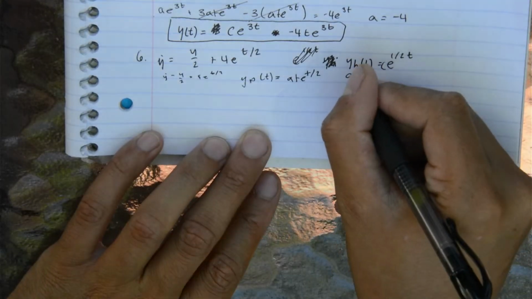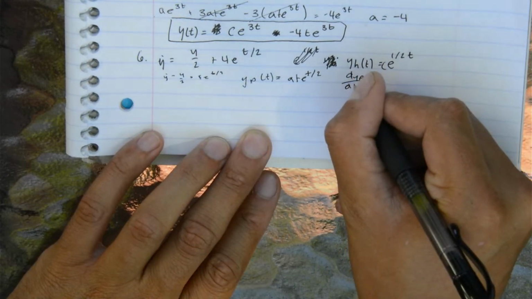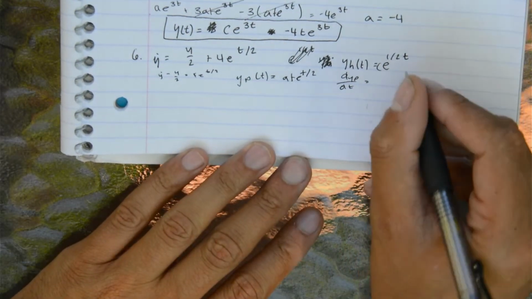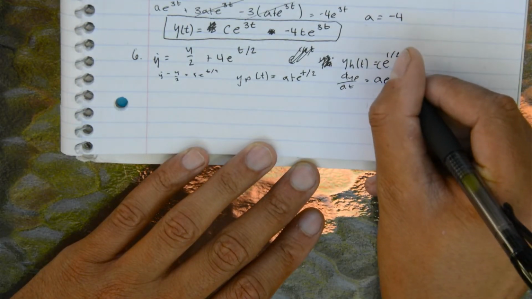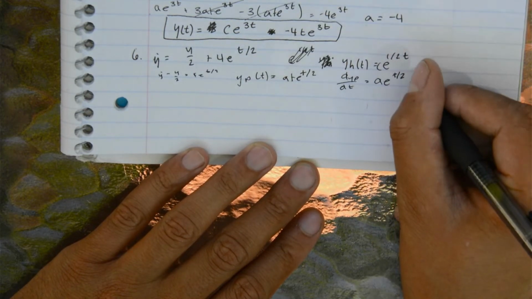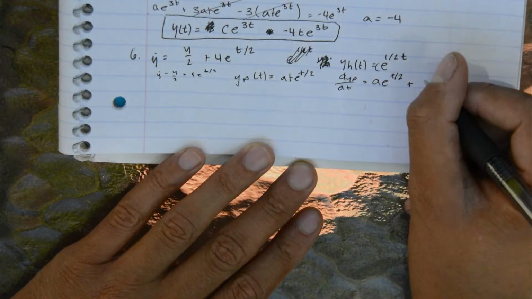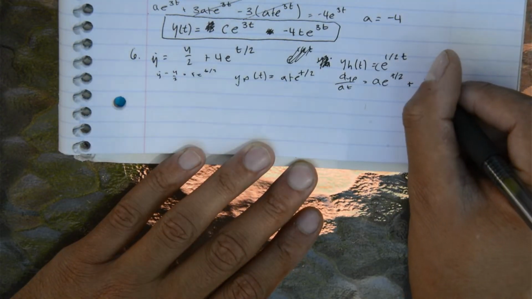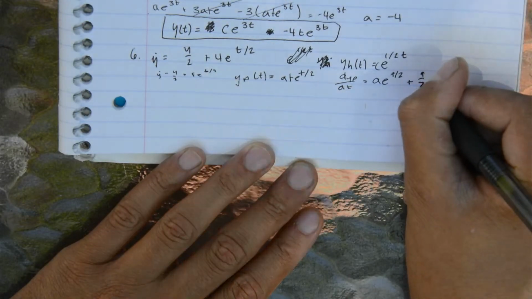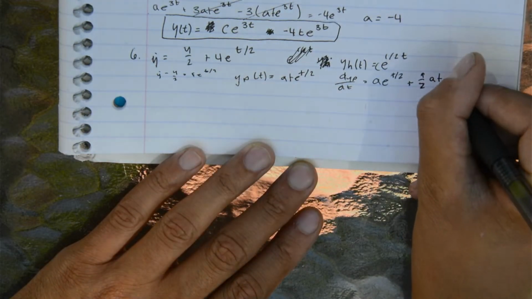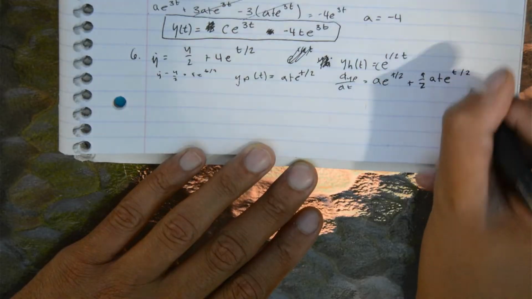then dy_p/dt is equal to a e to the t over 2 plus 1/2 a t e to the t over 2.